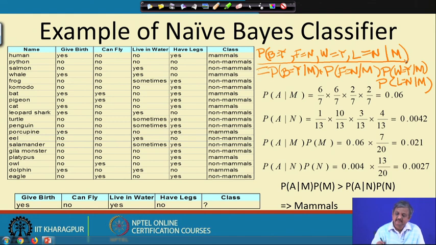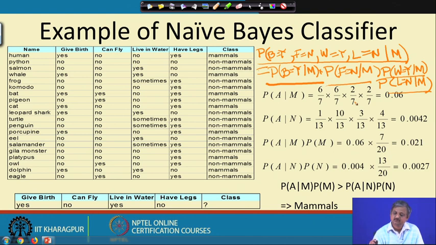But each of these individual cases, that is, it is mammal and give birth equal to yes, it is mammal and fly equal to no, each of these individual cases is not so rare. If you find out, you can see that out of 7 mammals, 6 give birth. Similarly, 6 cannot fly. 2 live in water.